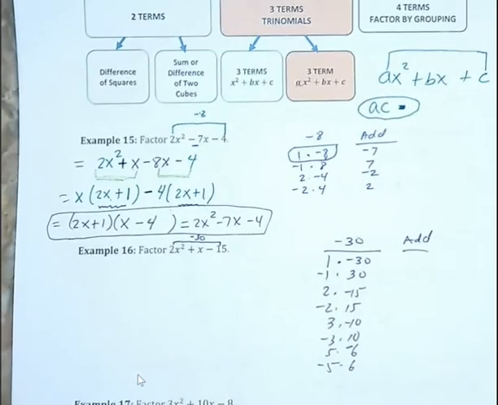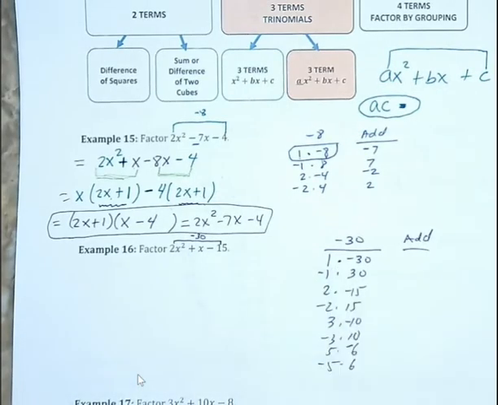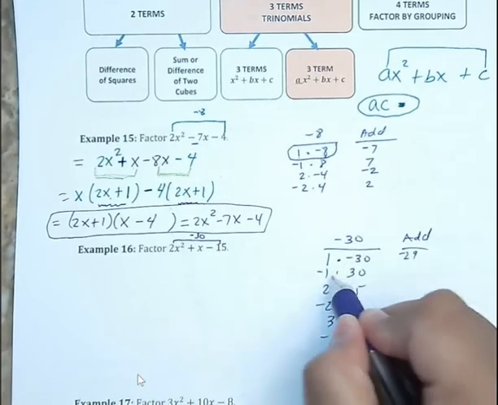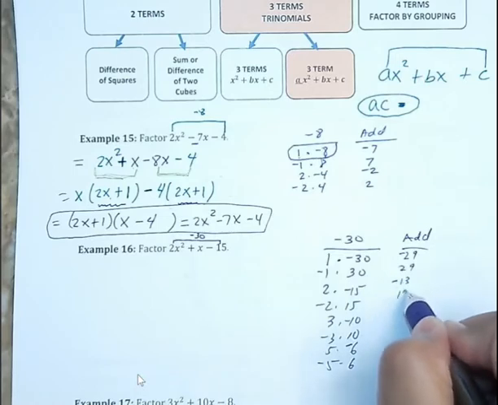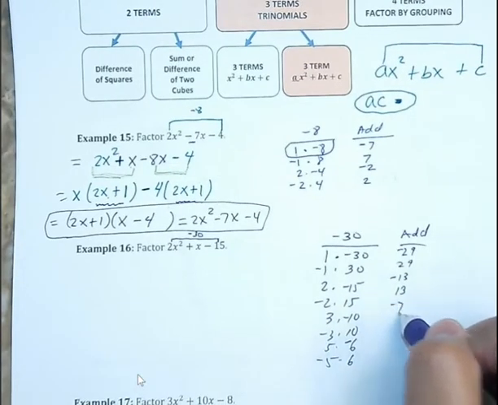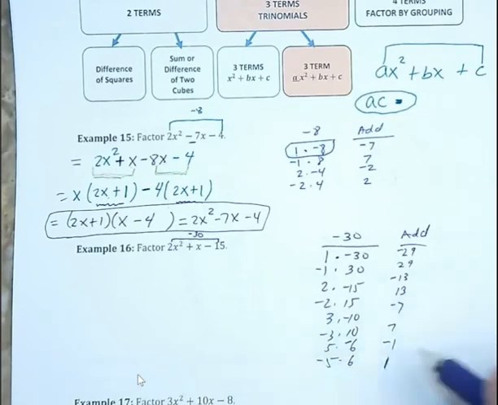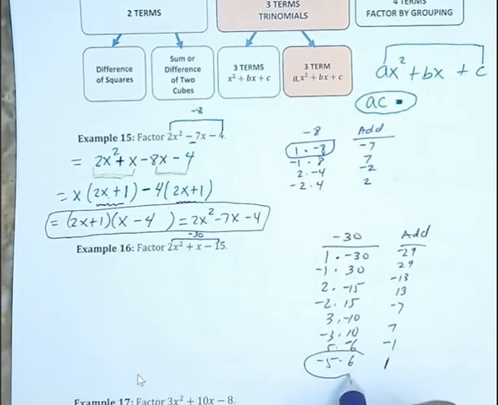What we're interested in here is a positive 1. So 1 plus negative 30 is negative 29, 29, negative 13, 13, negative 7, 7. 5 plus negative 6 is negative 1. Negative 5 plus 6 is positive 1. So we're interested in this positive 1.